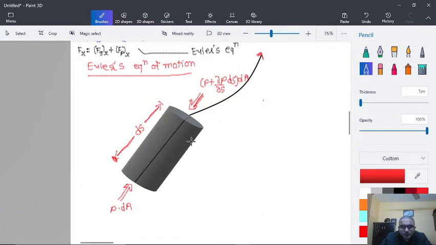Now the next force will be a weight force, which acts through the center of gravity of this fluid element.